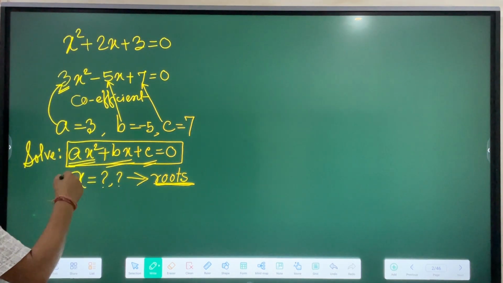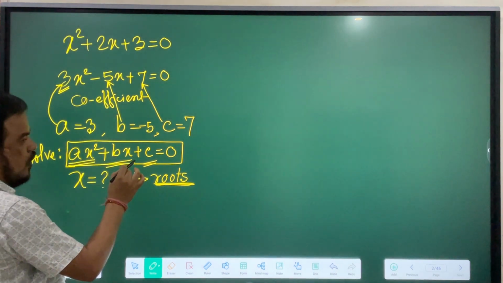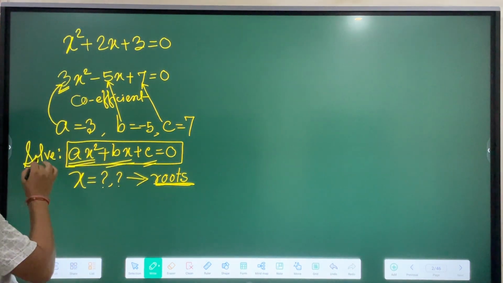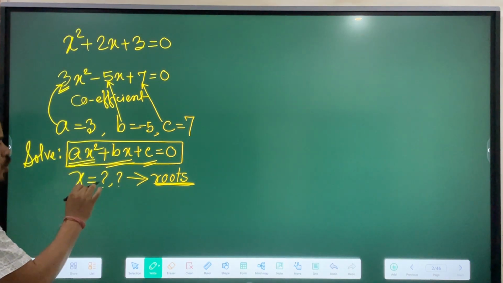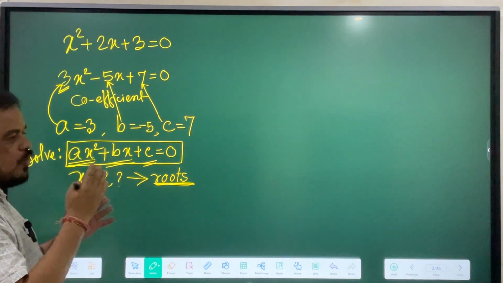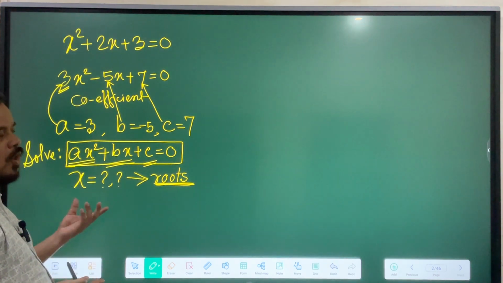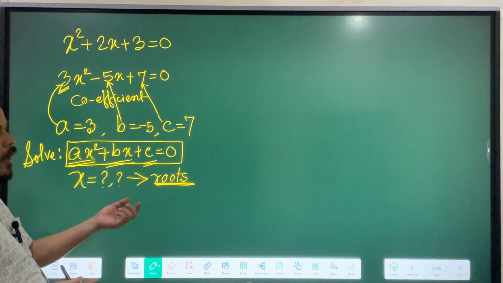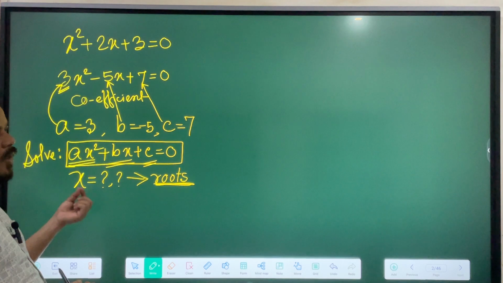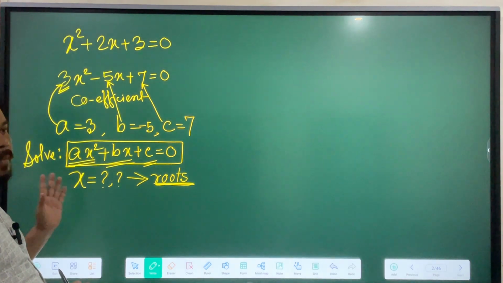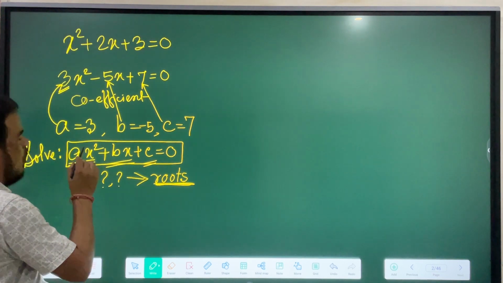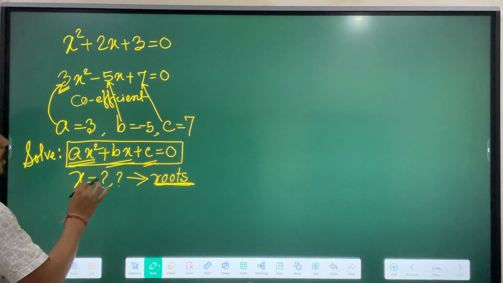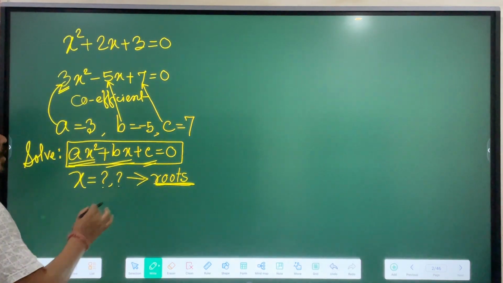To find the roots, or in other words to solve the quadratic equation or to get the solution, these terms are the same. The meaning is that we have to find the value of x, and surely we are going to get two values of x. They are called roots.